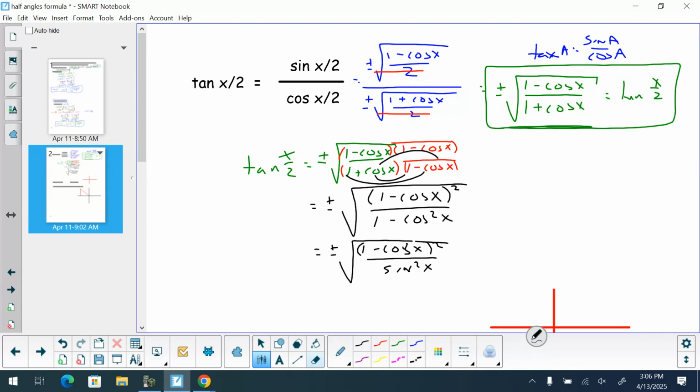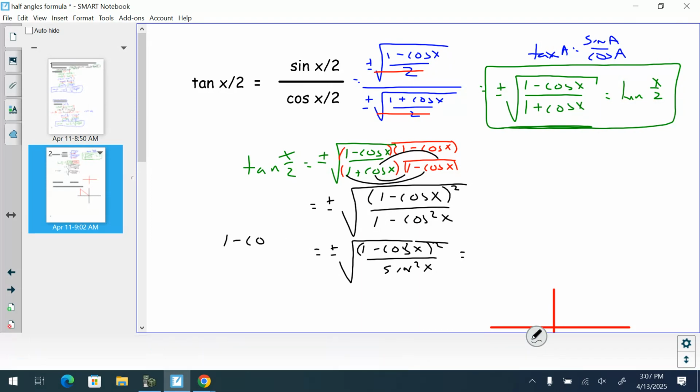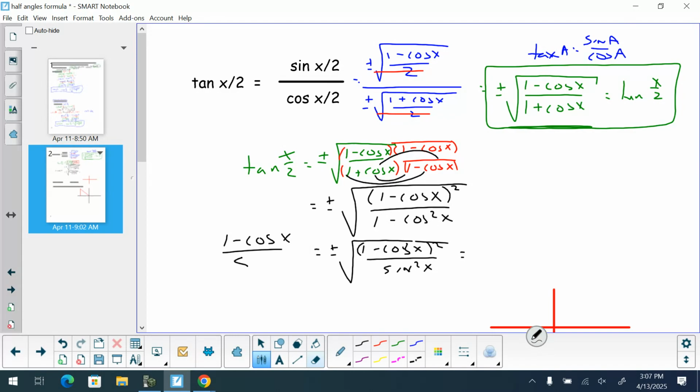So if we take the square root of squares, what we're left with is another form for the tangent of half angle, which would be 1 minus the cosine of x over the sine of x, which is your tangent of half x. So this would be an alternate form, and to be quite honest, this is the one I utilize the most because I don't have to make a decision about the radical.